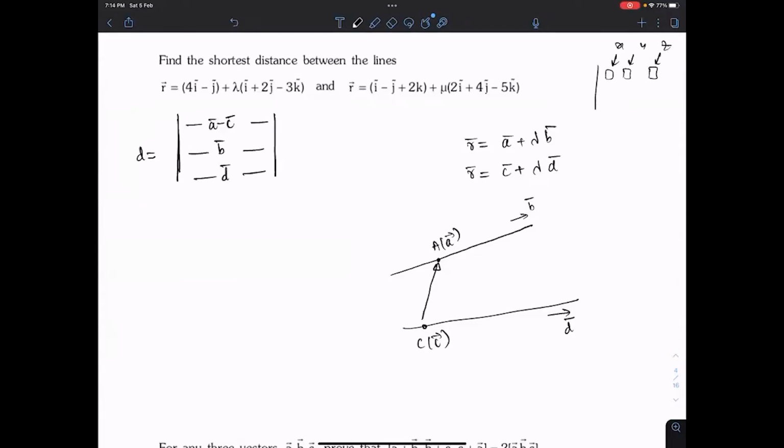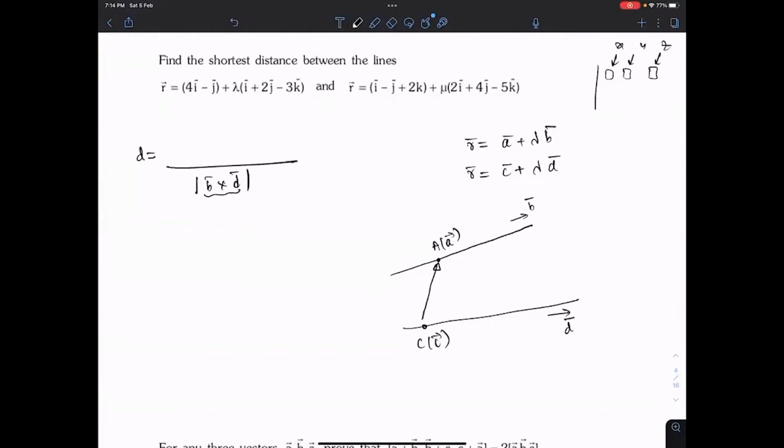But I will tell you, you should be able to do it much faster if you calculate the denominator first. What is the denominator? It is the modulus of B bar cross D bar. Now to calculate the denominator, you need to calculate B bar cross D bar.